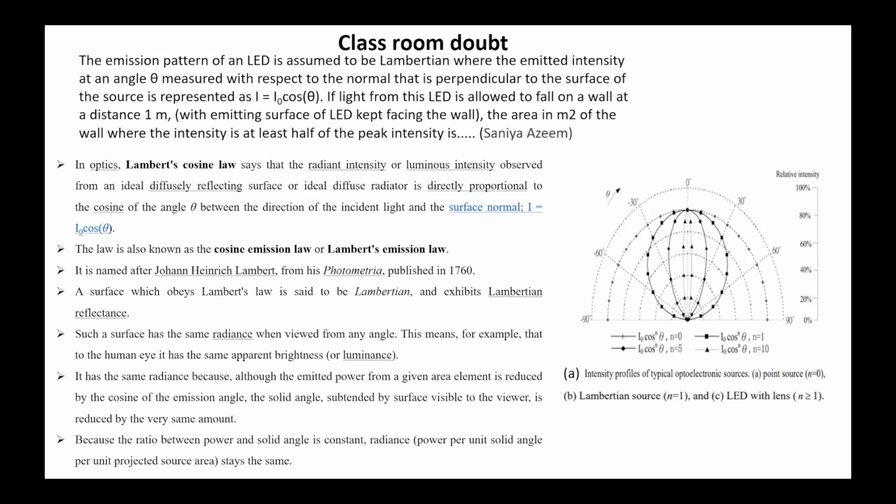So these are the classroom doubts I have got. One is from Sania Azim. He talks about Lambertian. What is the Lambertian pattern, and how can we get that? Sania, are you here?